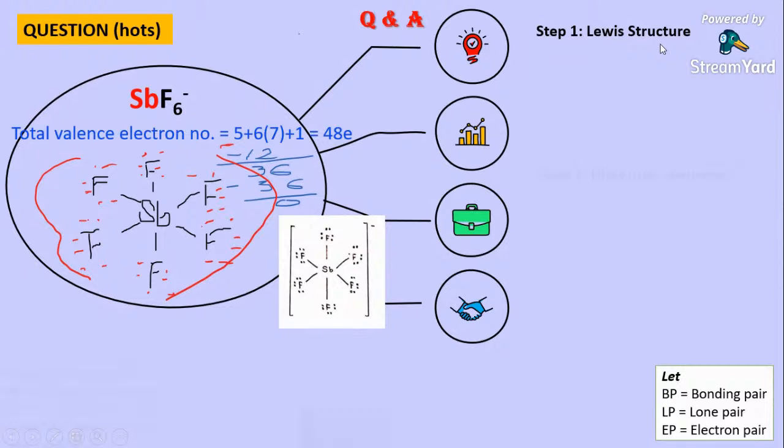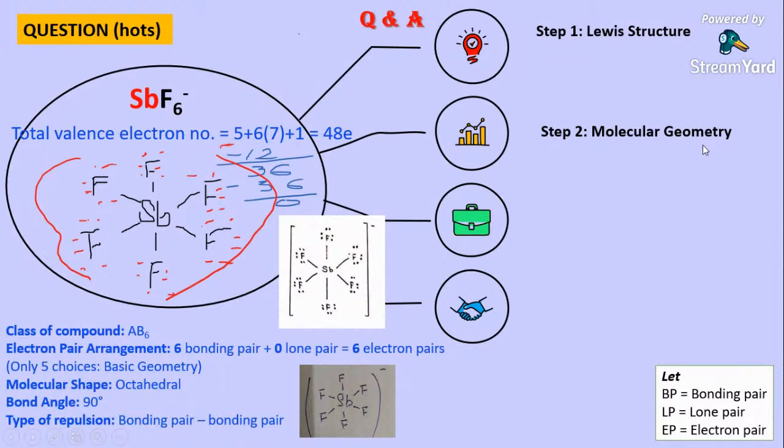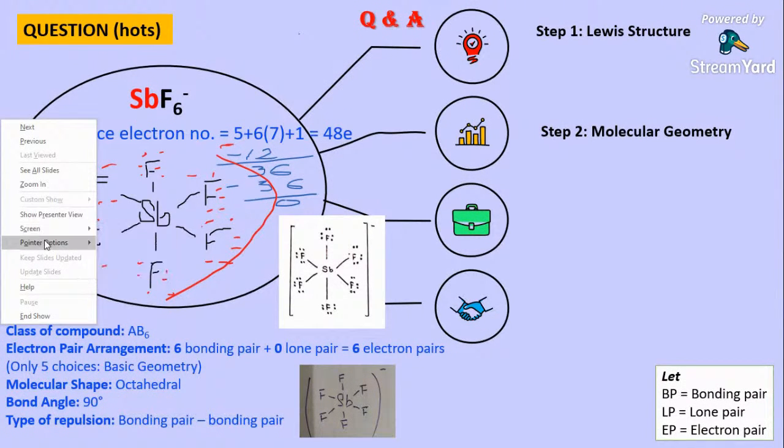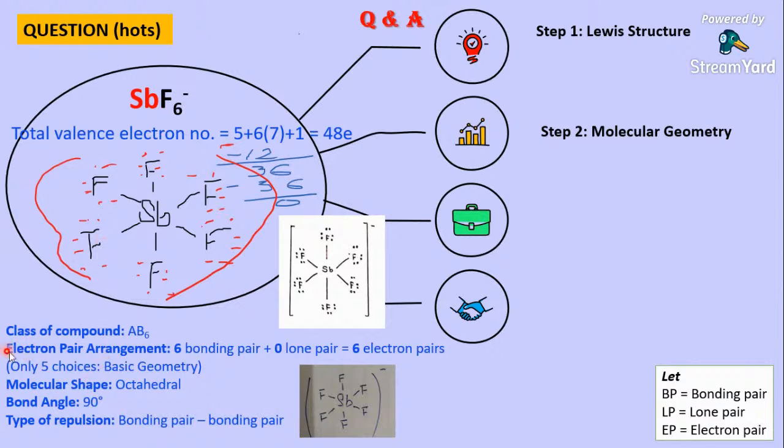Okay, step 1. Step 2, molecular geometry. You check. So the class of compound AB6. A is referred to the central atom, 6 is referred, B is referred to the bonding pair. So the electron pair arrangement is 6 bonding pair plus 0 lone pair equal to 6 electron pair.